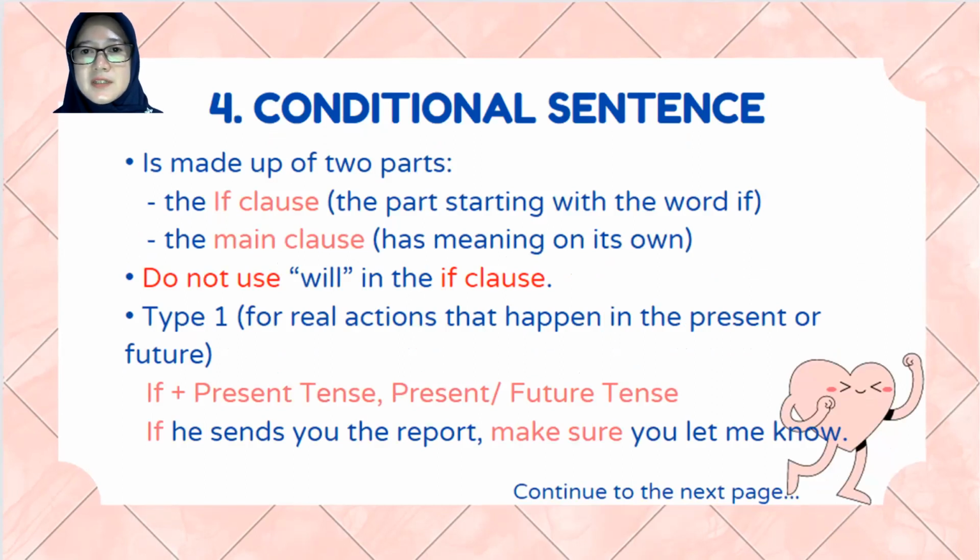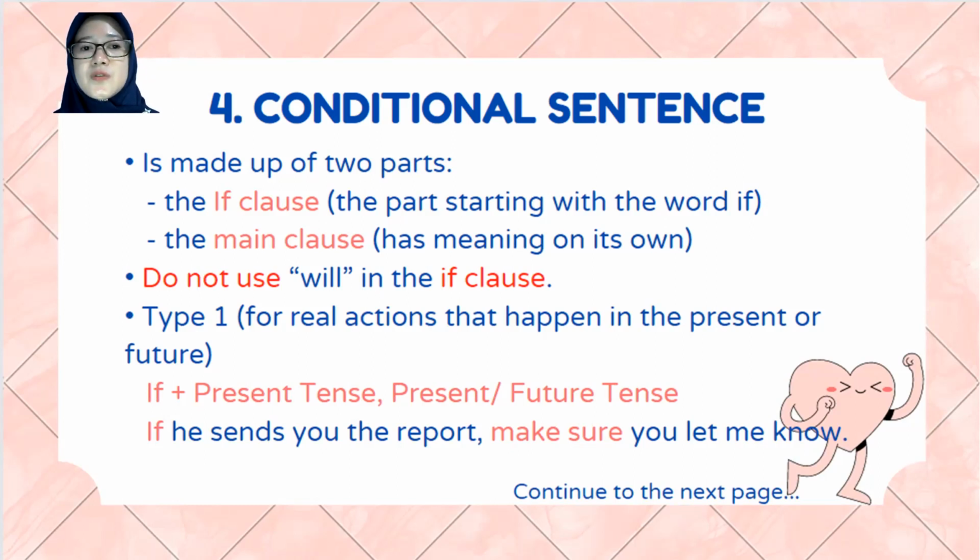Now, the fourth one is conditional sentence. Conditional sentence means kalimat pengandaian in bahasa Indonesia. So there are three kinds, or three types, of conditional sentence here: type 1, 2, and 3. So we're going to talk about them. And a conditional sentence is a kind of complex sentence, and it is made up of two parts. They are the if clause and the main clause. The part starting with the word if is the if clause, and the other part is the main clause.